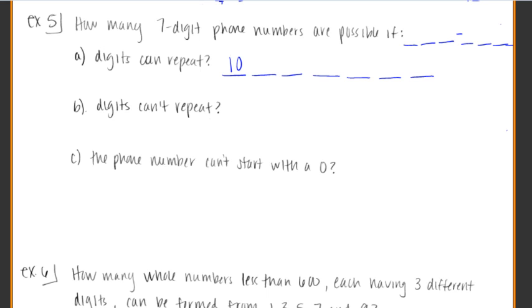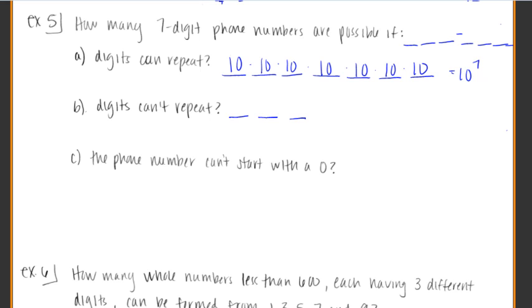And if we can repeat, so you can have a number like 555-4932 or something, then really I have 10 options for each potential slot. Because we always multiply these together, remember the multiplication principle, we have 10 to the 7th total options for a 7-digit phone number.